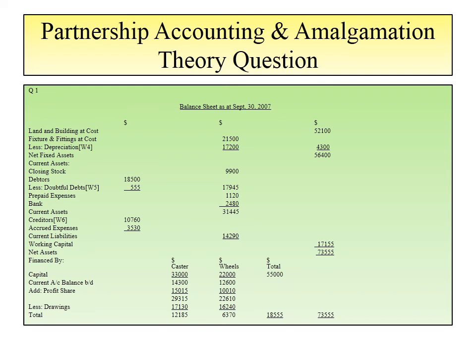Remember that this was calculated in the last slide, 15,015 and 10,010, and it is added up, and we show the total current account balance is 29,315 for Carter and 22,610 for Weir. And from these amounts, we have to deduct the drawings, and we get the total of the current account.